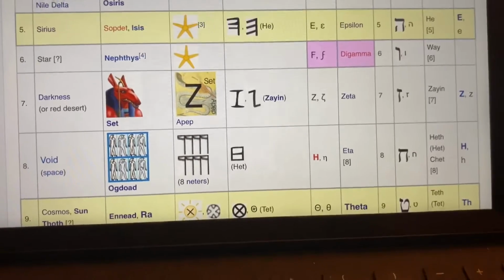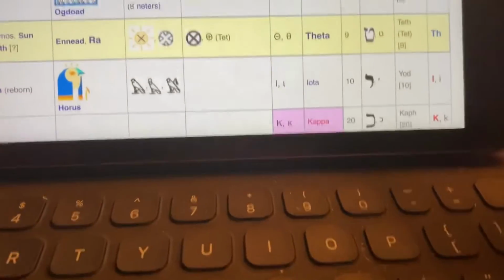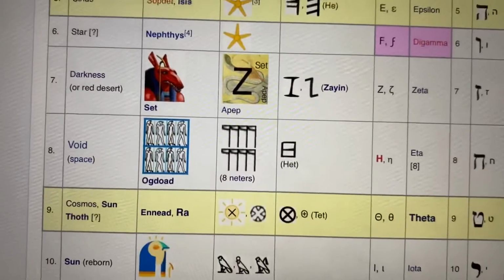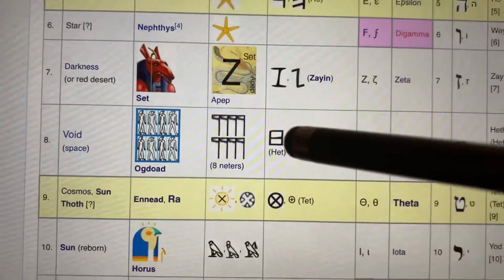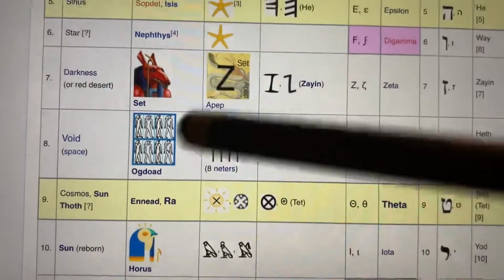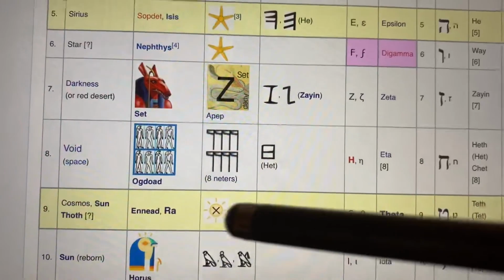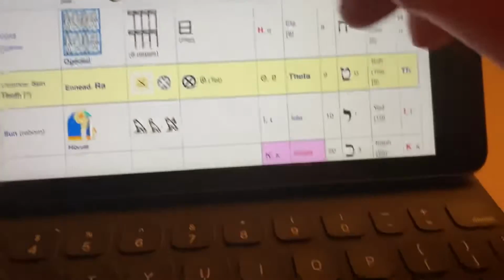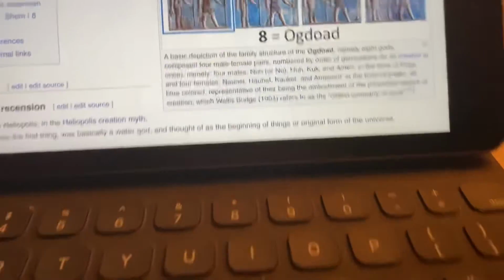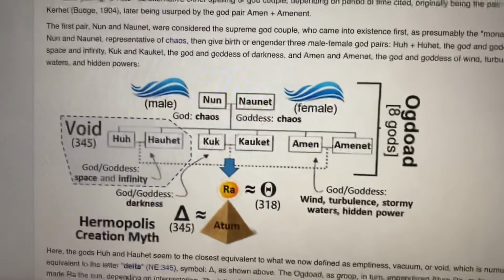And the reason why this is inserted as number 8 is that in the Hermopolis recension, the Ogdoad was said to have birthed out the Ennead, which is the number 9. So the Ogdoad bursts out the sun.